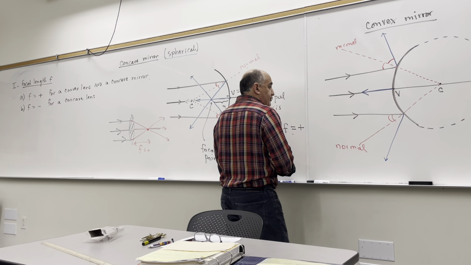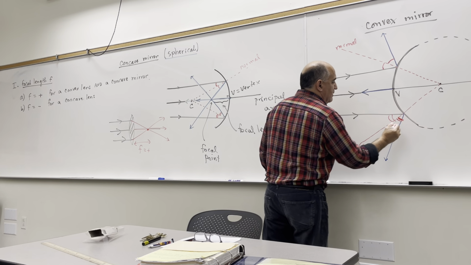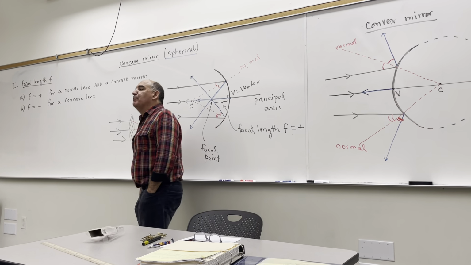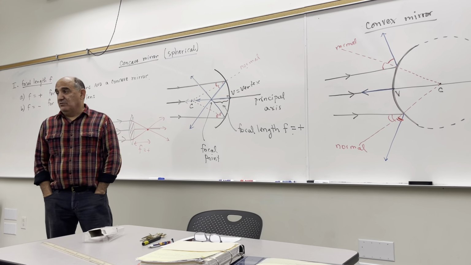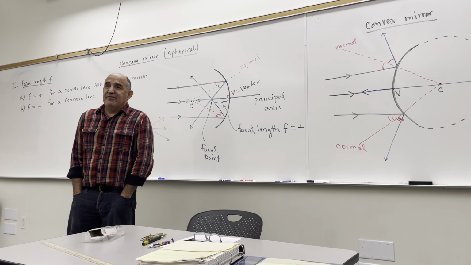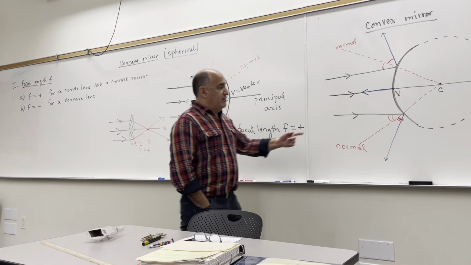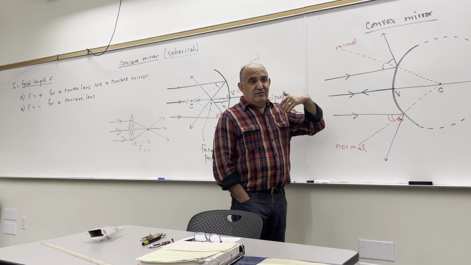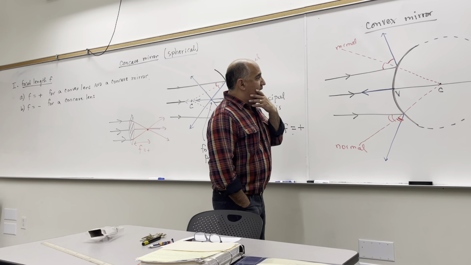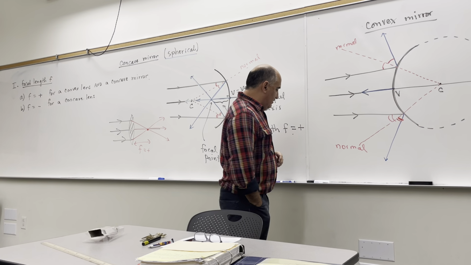Now, do the three reflected rays actually meet at some point? No, they don't. So how do we define a focal point and therefore a focal length? We say the three rays, after reflecting from the mirror, don't ever cross. So the focal point is not going to be over on the left-hand side here.